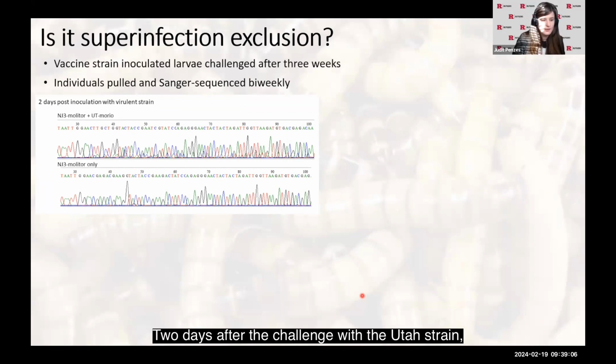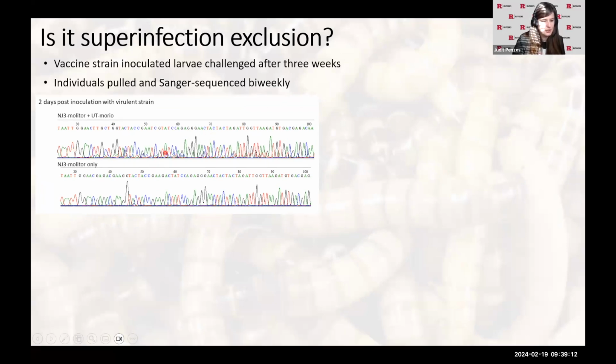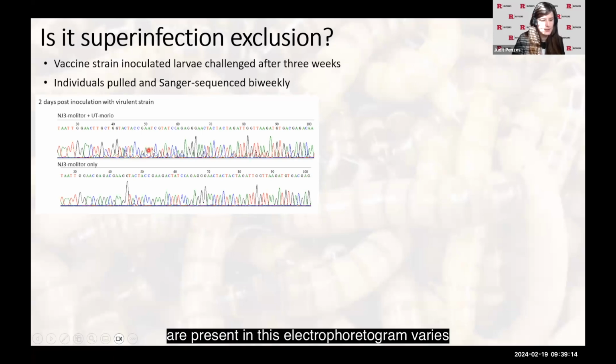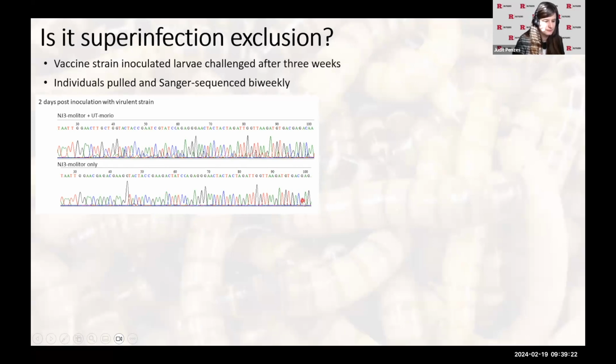So 2 days after the challenge with the Utah strain, we can see that both of these genotypes are present in this electropherogram, whereas only a single genotype is present in the one inoculated only with the mealworm strain.